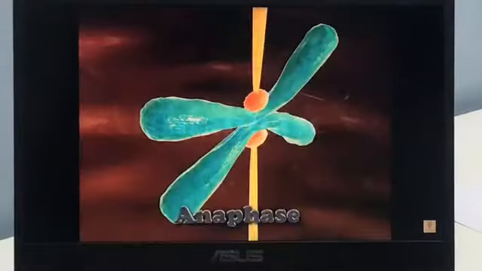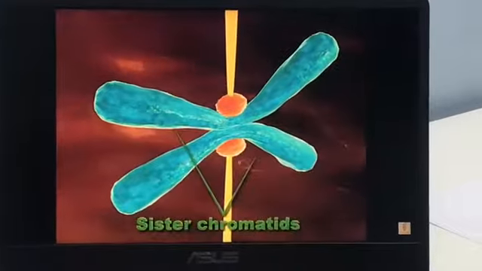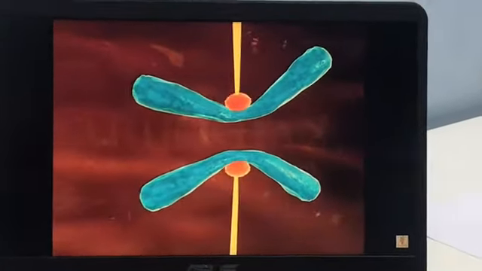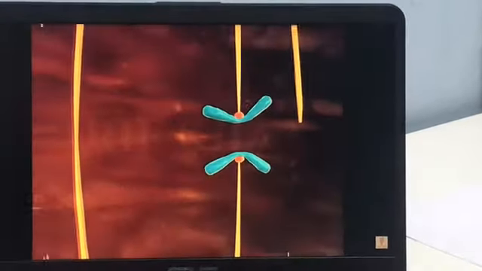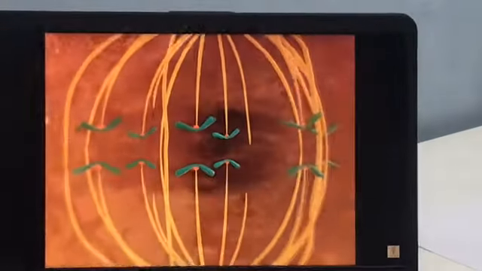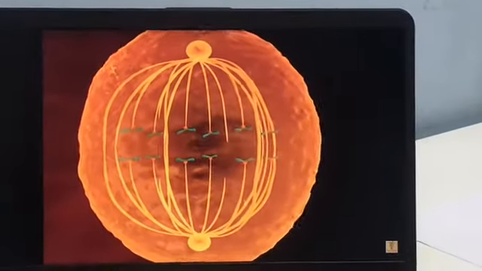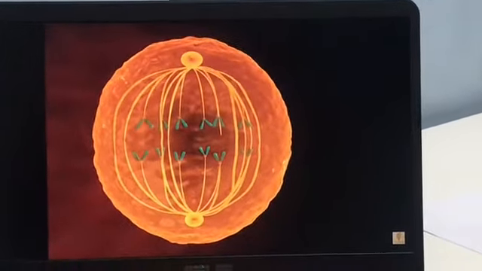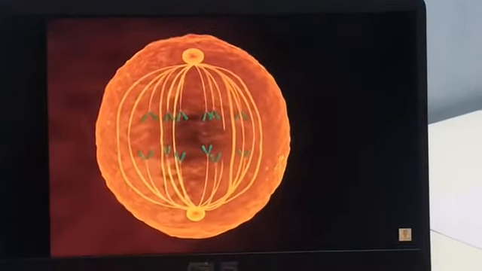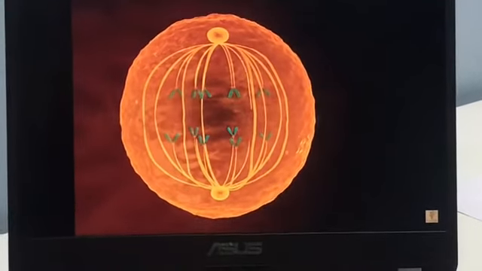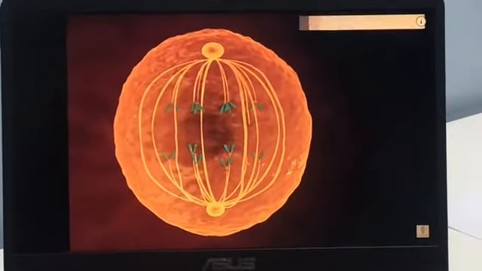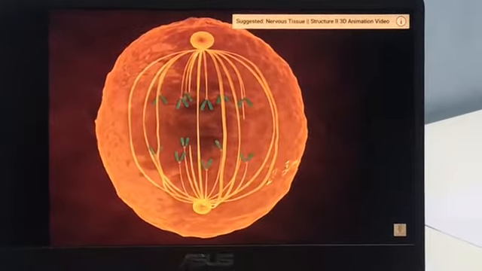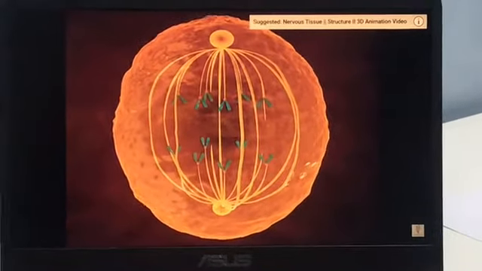Anaphase. During anaphase, the sister chromatids separate at the kinetochores, and the daughter chromosomes, along with the divided centromere, move towards the opposite poles as the microtubules shorten. The poles of the spindle also move apart and help to separate the chromosomes. As the chromosomes separate completely into two sets, one at each pole, anaphase is considered complete.